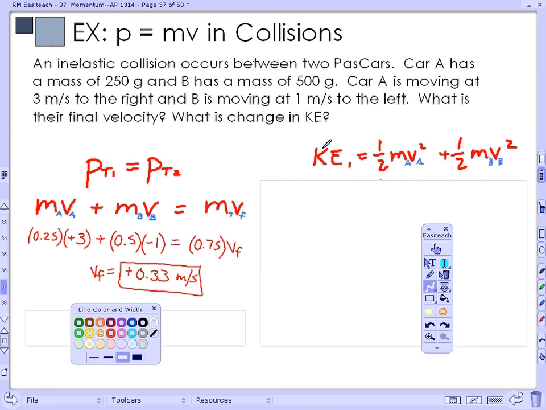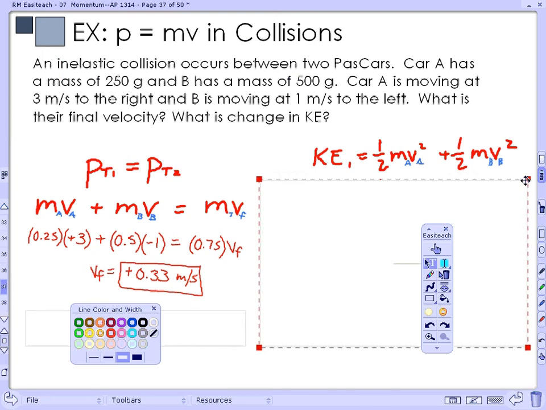It's a scalar, so kinetic energy can only add up. Even though they're going in opposite directions, be careful. This is still a plus sign, and both of these are still going to be positive quantities. Those kinetic energies can in no way diminish. If you have 2 moving objects, it's always going to be more kinetic energy than if you had only one of those moving objects moving at the same speed.